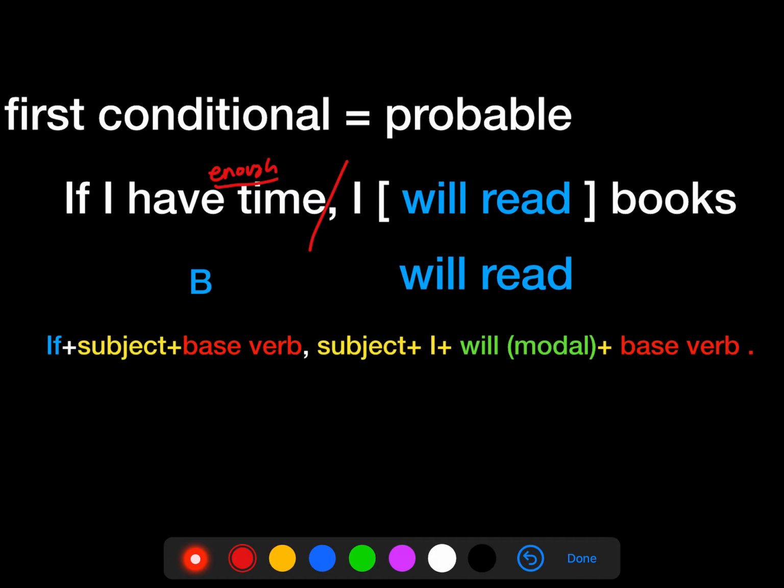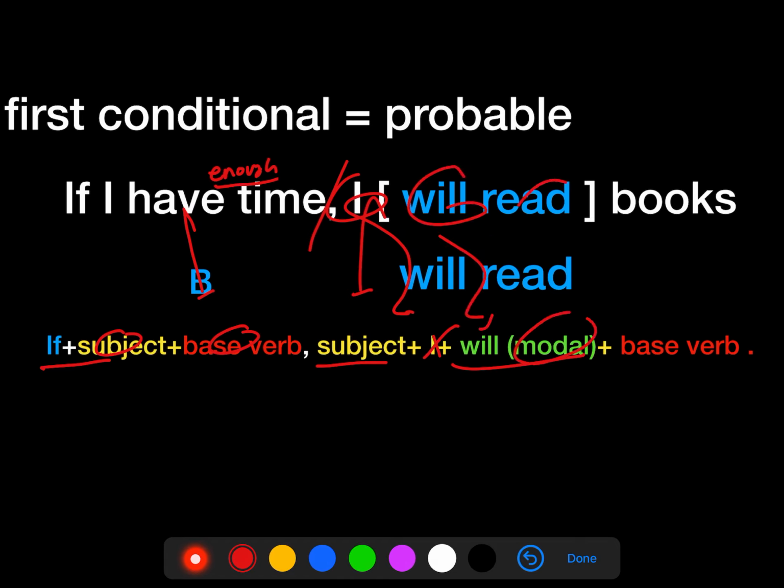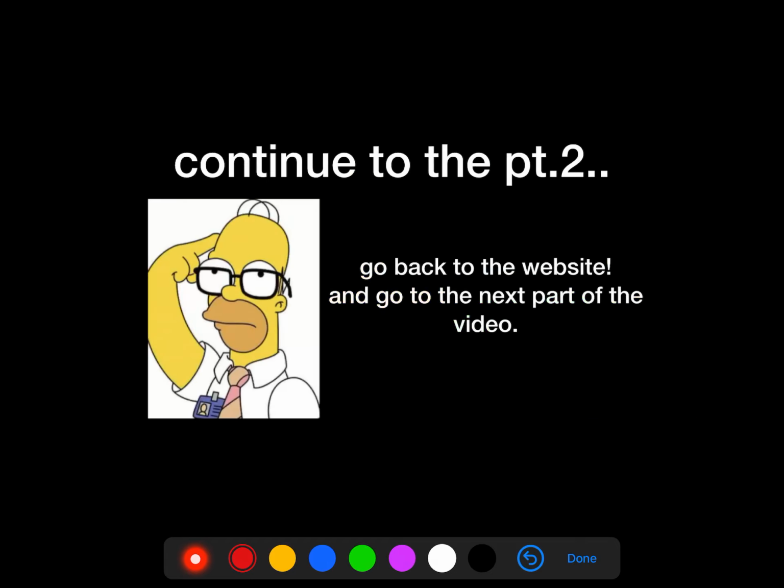So if I have enough time, I will read books. If I have enough time, I will read books. Structure again: if, subject, base verb, have, subject, I, will, modal verb, and base verb, read. So this is the first conditional.